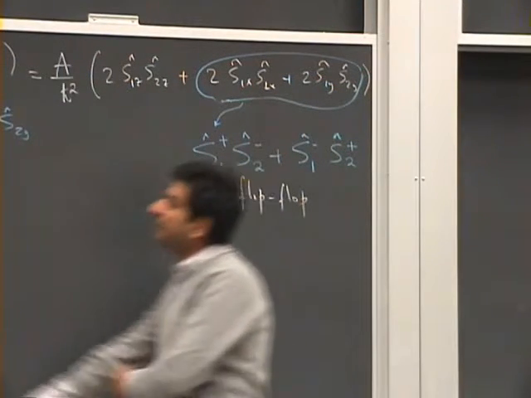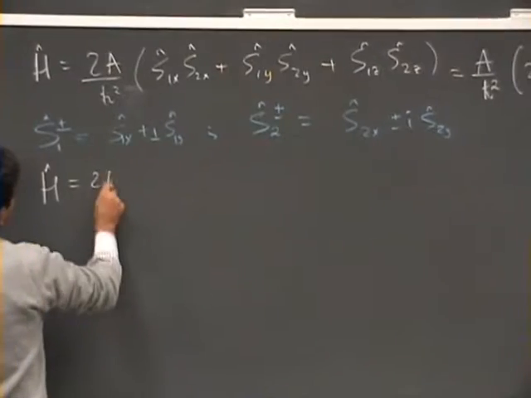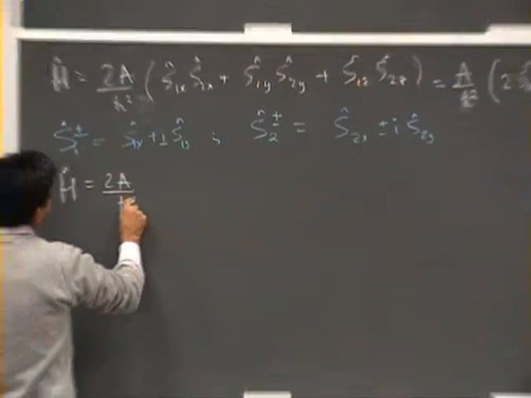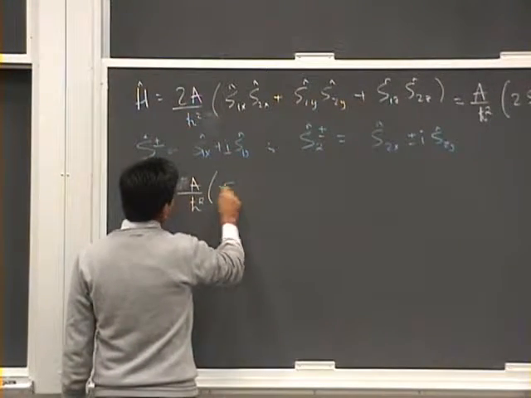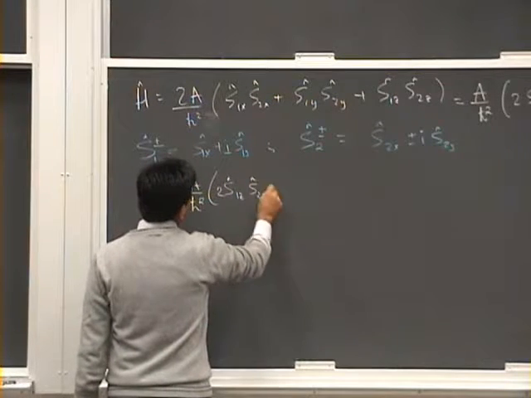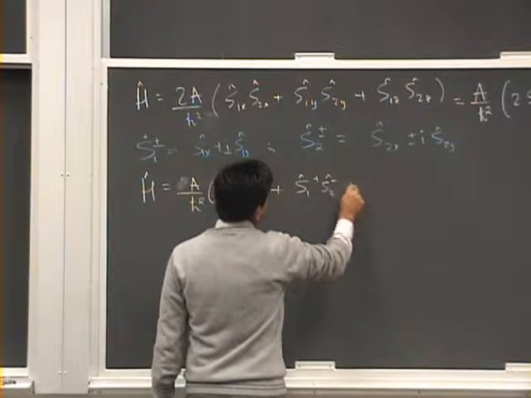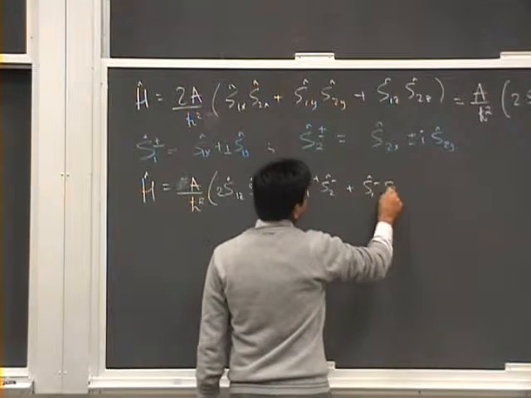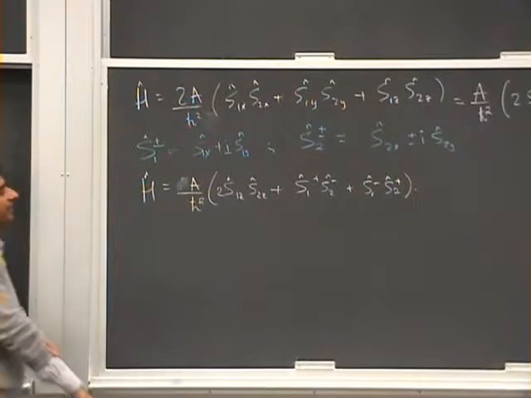So we can write the Hamiltonian, the hyperfine interaction, as a over h bar squared times 2 S1z S2z plus S1 plus S2 minus plus S1 minus S2 plus. So this is our Hamiltonian.